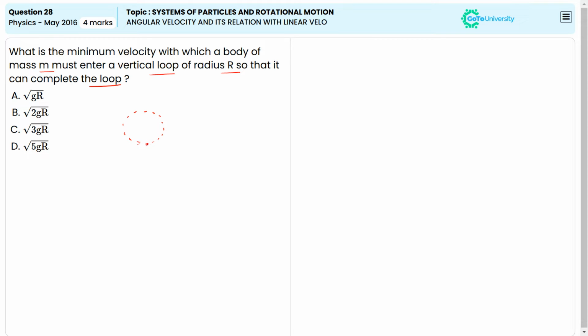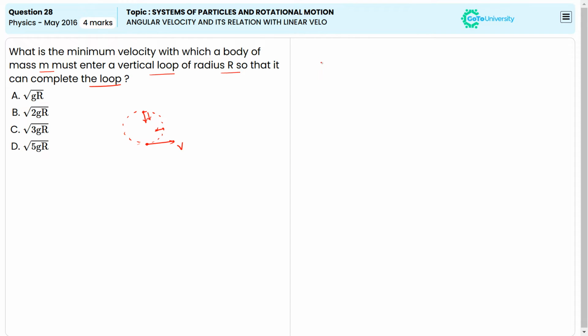This particle is moving with a velocity v, and at the topmost point the normal force will be acting in this direction, and mg will also be acting in the same direction.